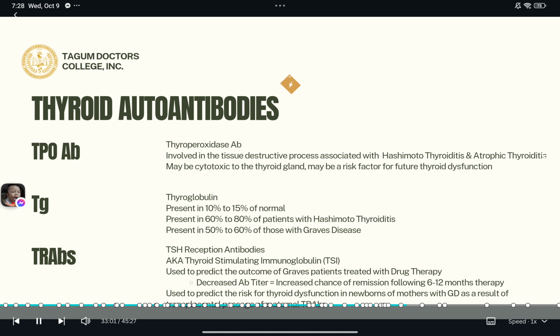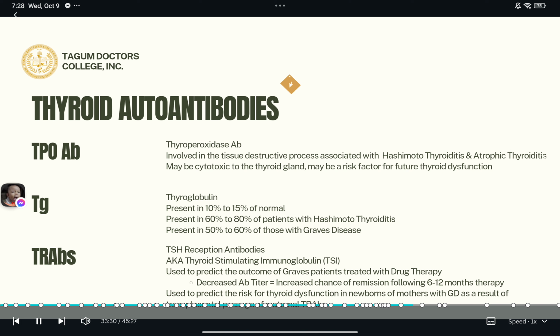So, when we have our autoimmune disease, such as our Hashimoto thyroiditis, this autoantibody can be cytotoxic to thyroid gland. Okay, next we have our thyroglobulin, as we mentioned earlier. So it is present in 10 to 15% of normal people, present in 60 to 80% of patients with Hashimoto thyroiditis, and also 50 to 60% of those with Graves' disease.